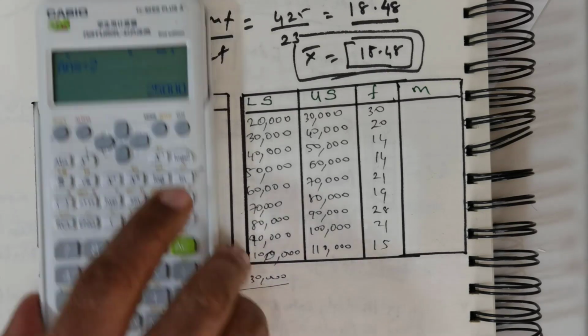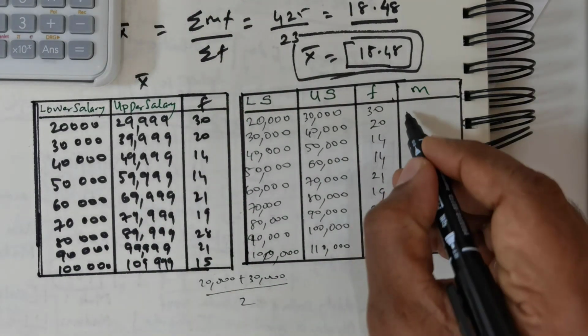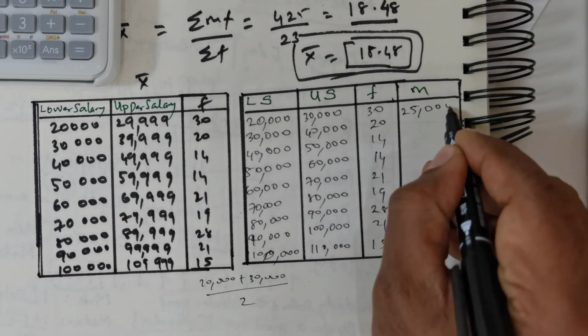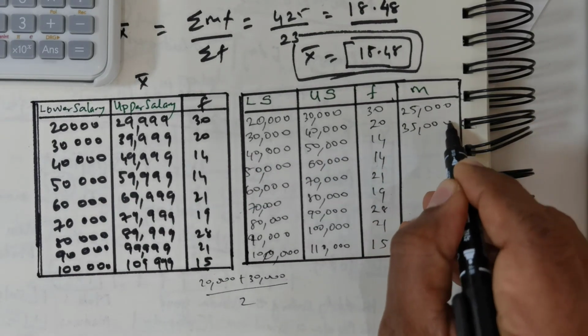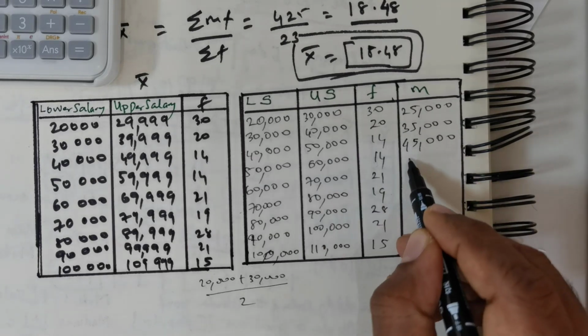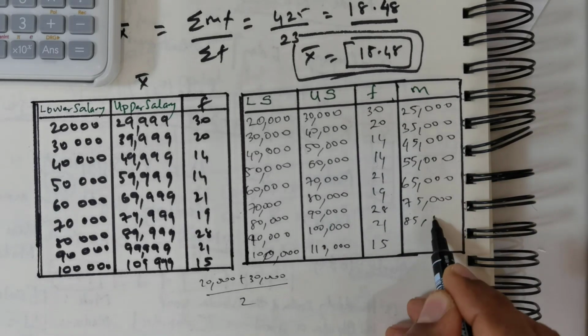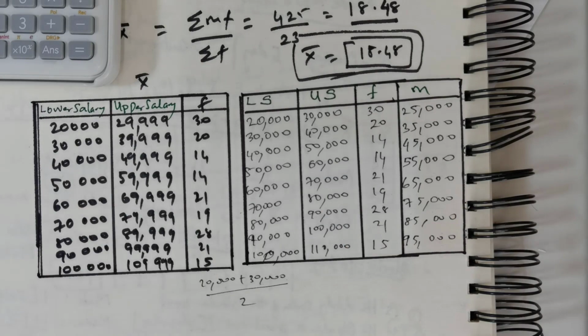So 25,000. So I'll just place 25,000, and this is going to be 35,000. I'll just fill in the data. So M is calculated. Now you need to get MF.